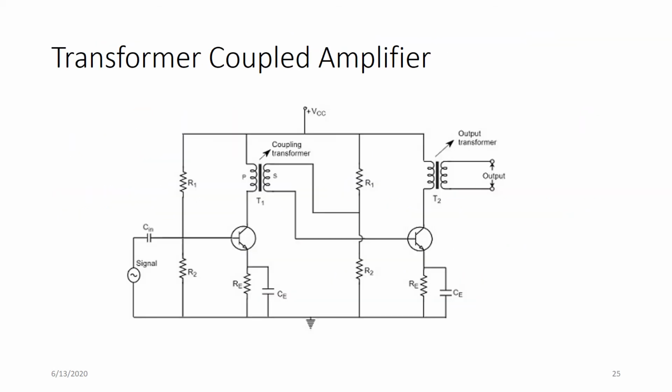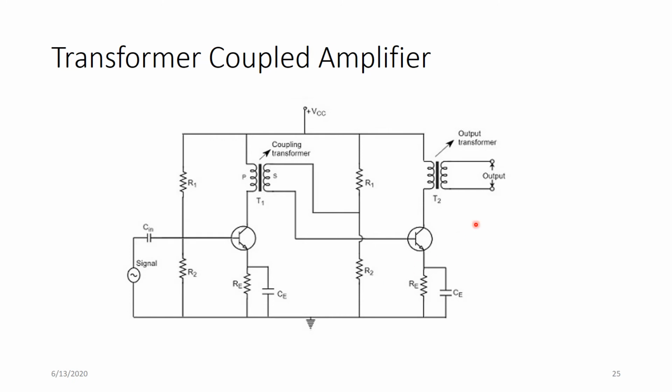Here you can see this is a transformer, and it is directly connected to the collector terminal of the first stage, acting as the load of the first stage. The secondary winding of the coupling transformer is directly connected to the base of the second stage, which is the input of the second stage.